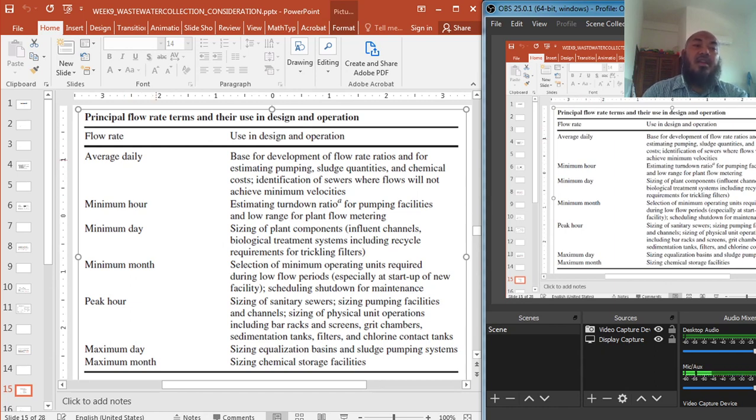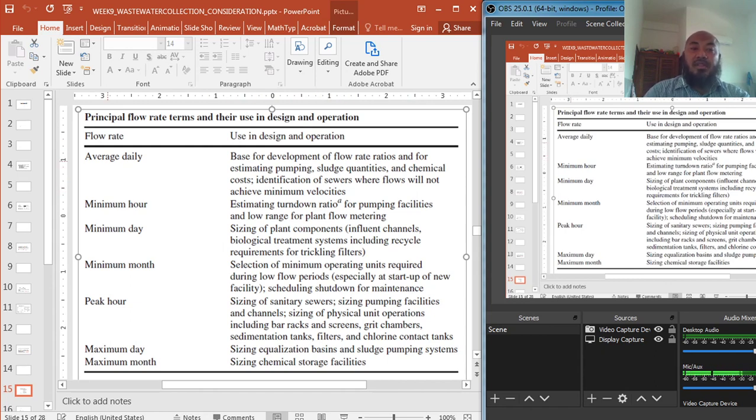For example, average daily, minimum hour, minimum day, minimum month, peak hour, maximum day, and maximum month. This variability of the flow rate is very important because it is going to be used for different purposes. For example, average daily is based on the development of flow rate ratio for estimating the pumping, sludge quantity, and chemical dose, and identification of where flow will not achieve a minimum velocity.